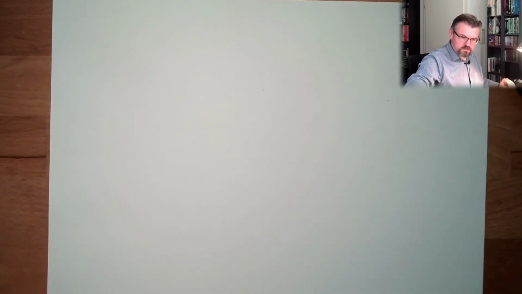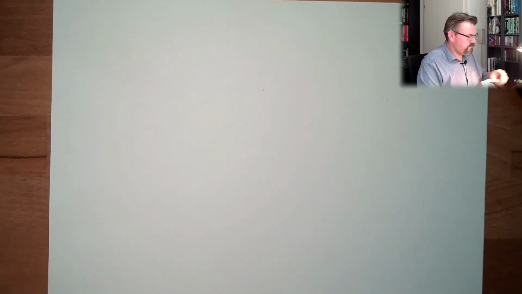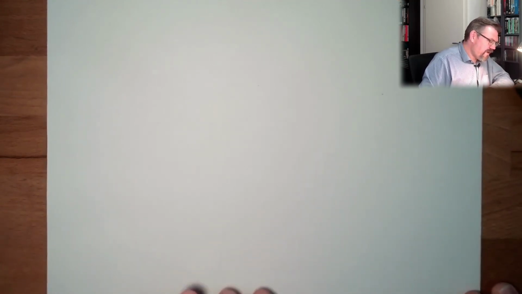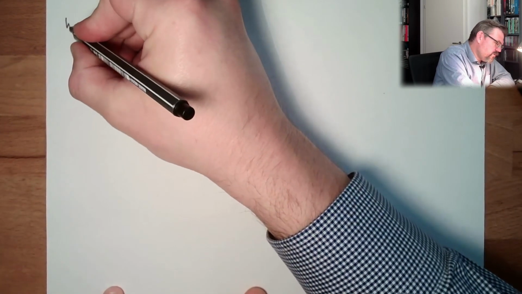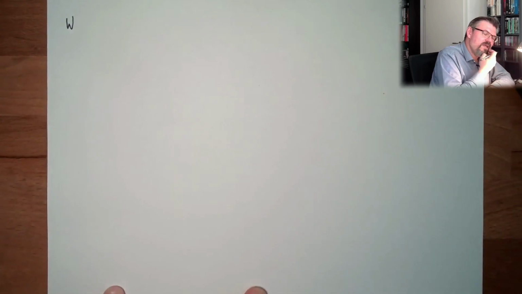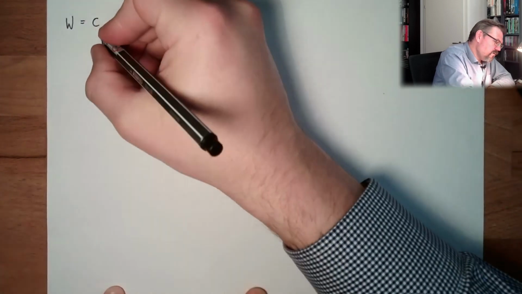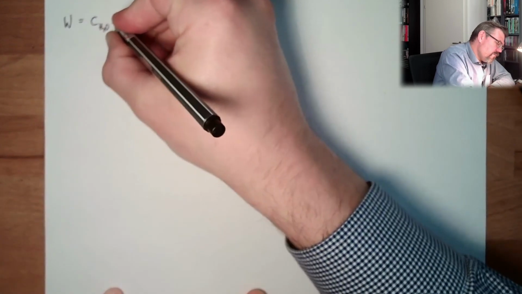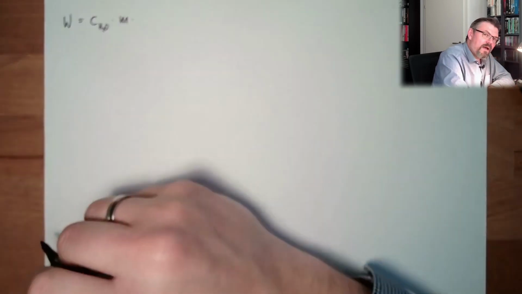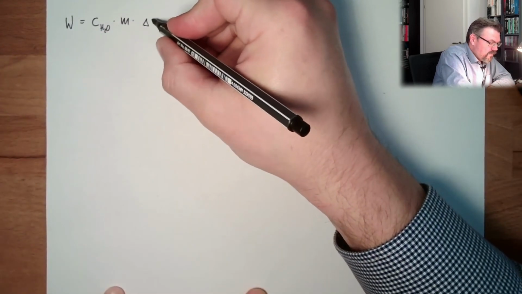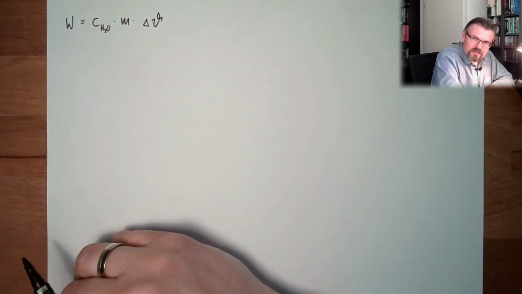So, I need a pen. Use this one. We know that the work which needs to be added to heat water is the warmth capacity of water multiplied by the mass multiplied by the temperature difference, delta theta.